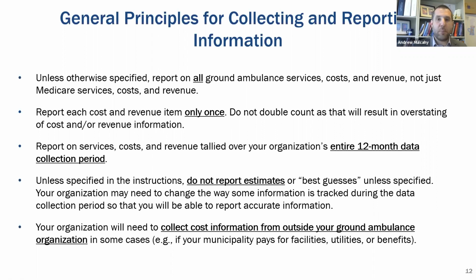For cultural reasons, operational reasons, historical reasons, some organizations have an easier or relatively harder time doing that kind of allocation. There are some tips and guidelines that we've given in other webinars hosted by CMS that might be helpful. And again, the FAQ does have some examples.